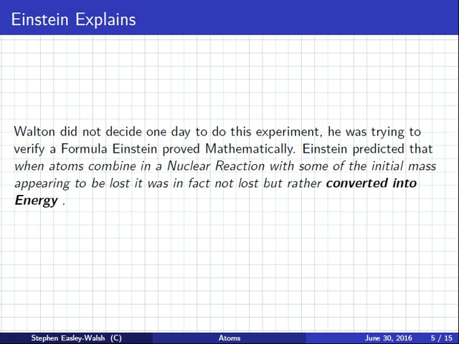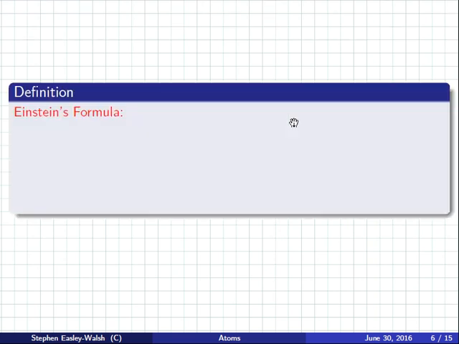Okay, continue. So, we have our famous formula here. Well, what happened to you? Nothing? Okay. So we have our E equals mc squared, where E is the energy, m is the lost mass, and c is the speed of light.